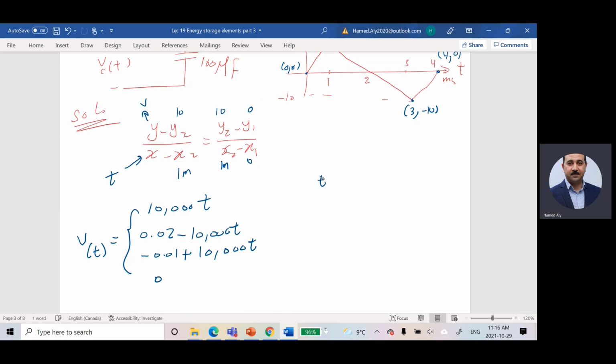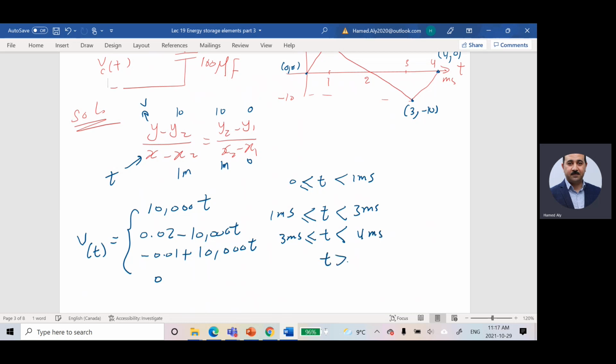The first one is in case of t between 0 and 1 millisecond. The second equation is in case of t between 1 millisecond and 3 millisecond. And the third one is in case of t between 3 millisecond and 4 millisecond.